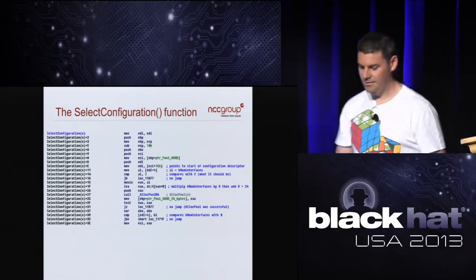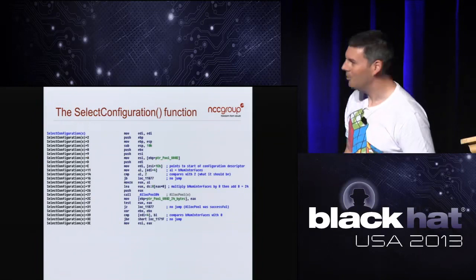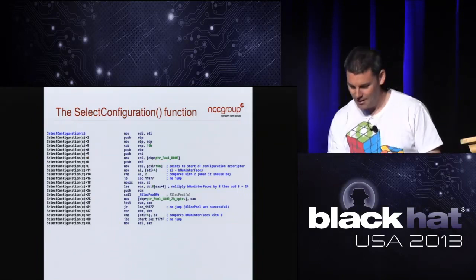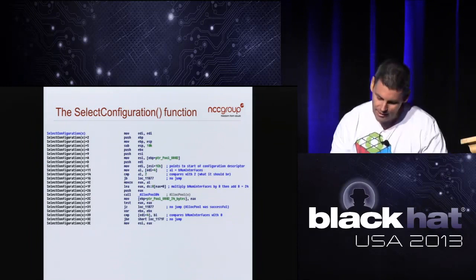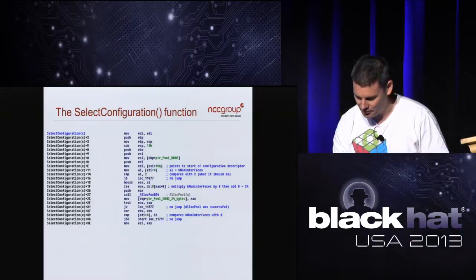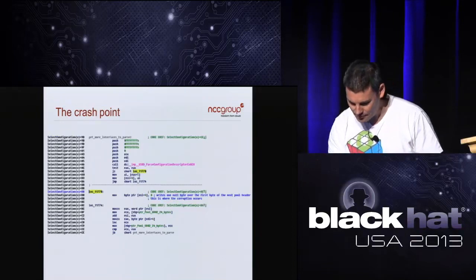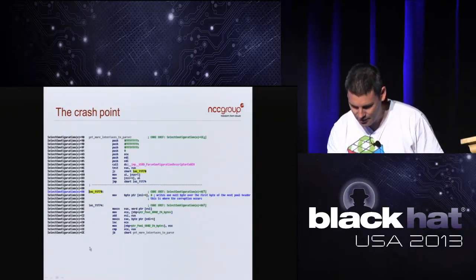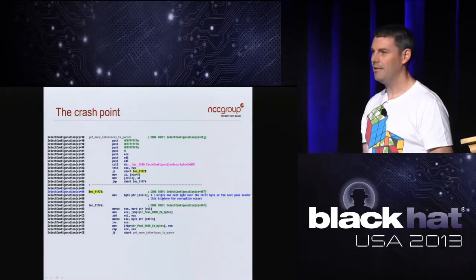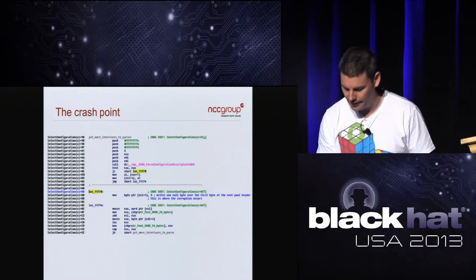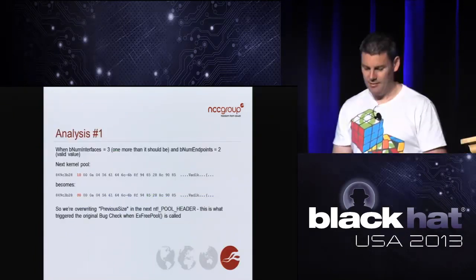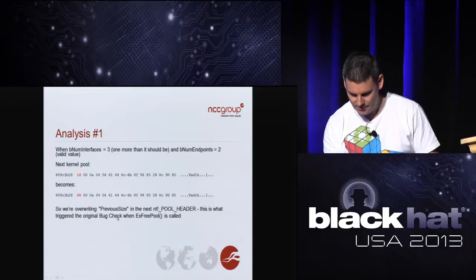So, a typical, probably unreadable, IDA Pro bit of reverse engineering, checking through in combination with WinDBG to try and work out exactly what's going on and what's where, and I managed to pin it down to a point here where a null byte gets overwritten in an adjacent pool header. So, further analysis using WinDBG.